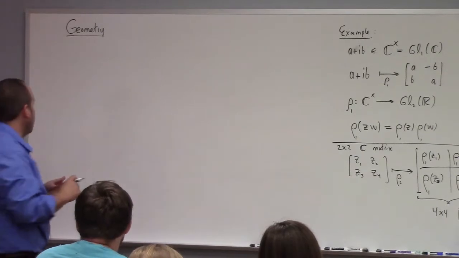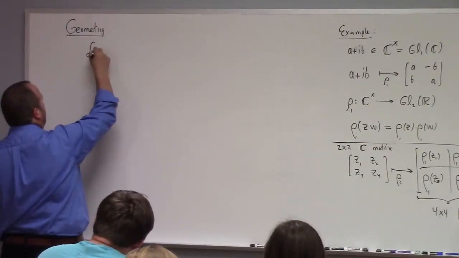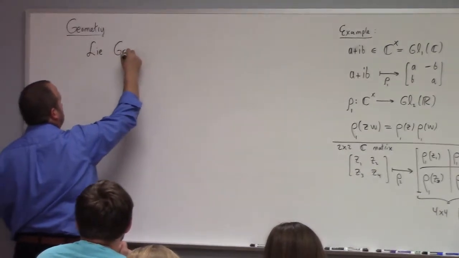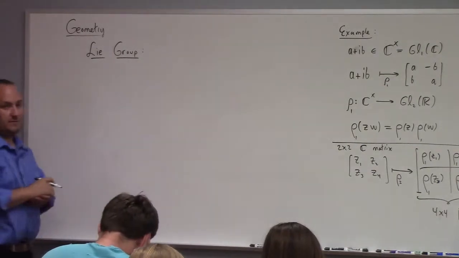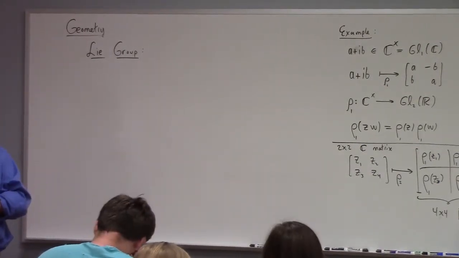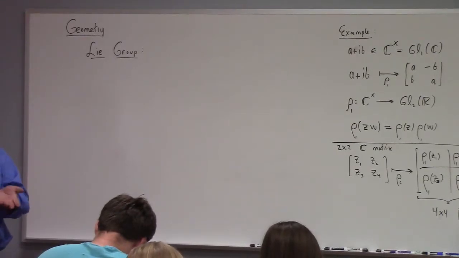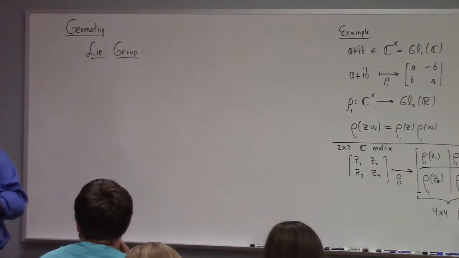And that formal study of the geometry of matrix groups leads us to what's called a Lie group. What's a Lie group? I'll give you an informal definition. A Lie group is an abstract group, like we've been studying this semester, on which you can do calculus.